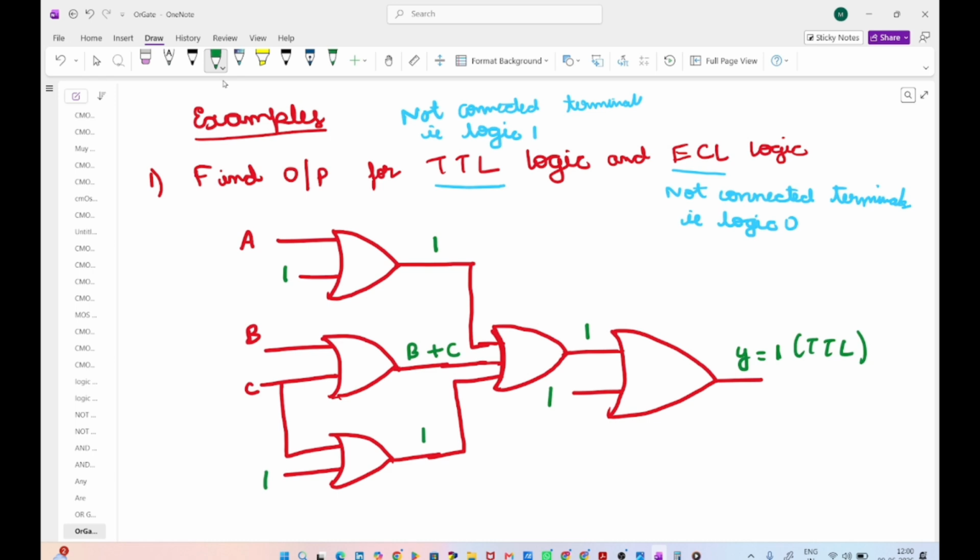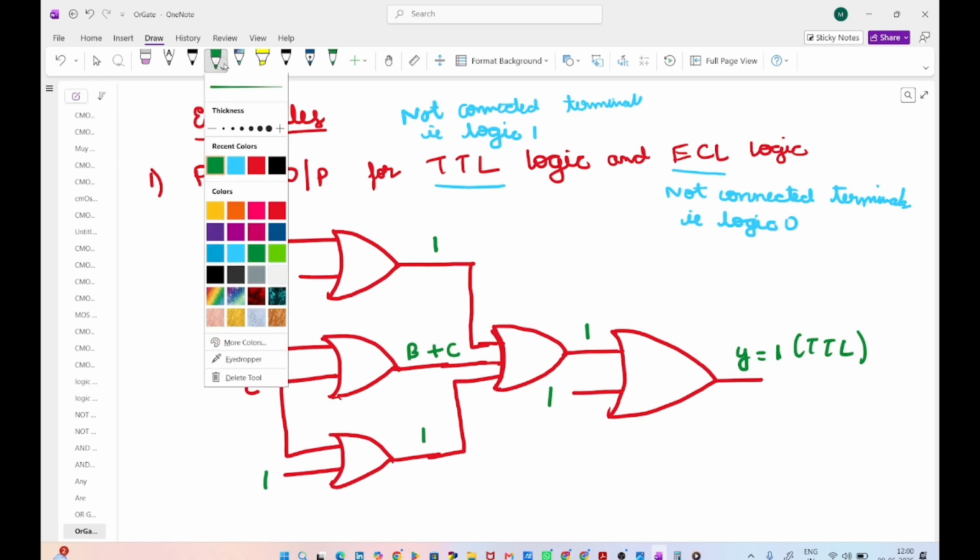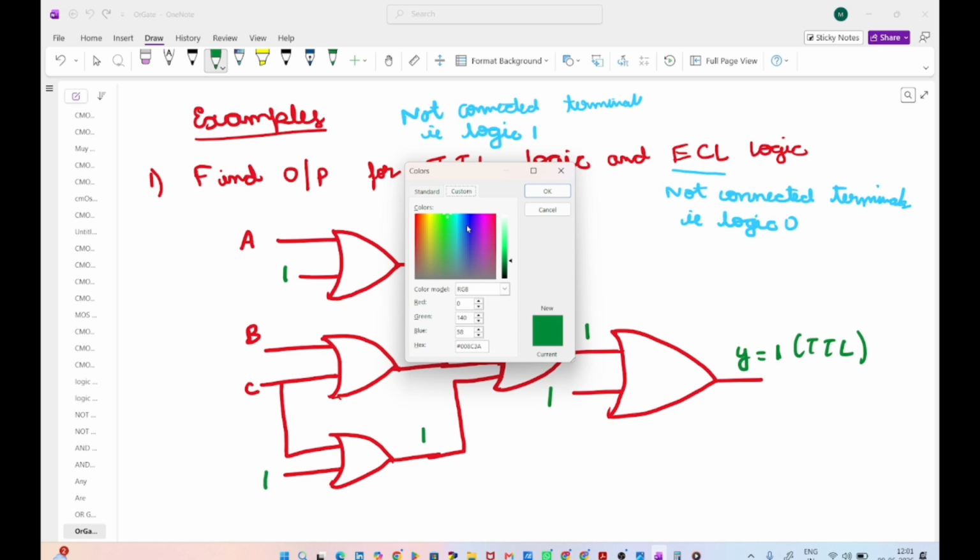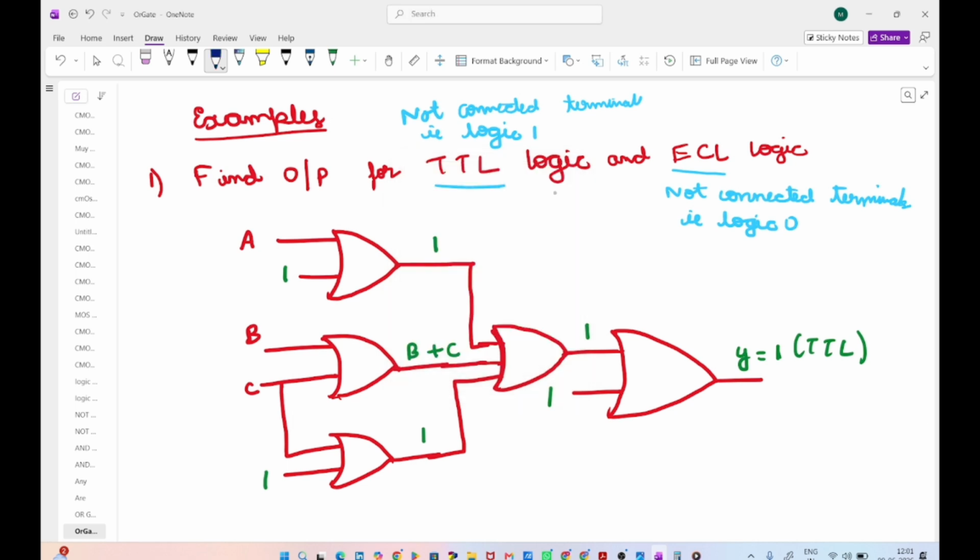Let us find out for the ECL logic. In the ECL logic, we know that the not connected terminal is logic 0, here 0, here 0, here 0.